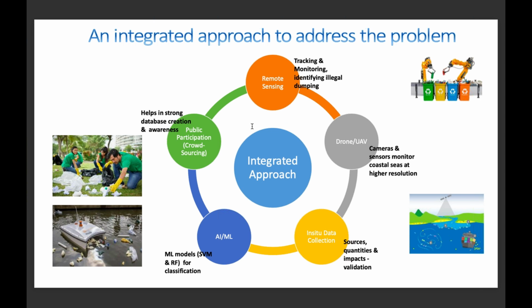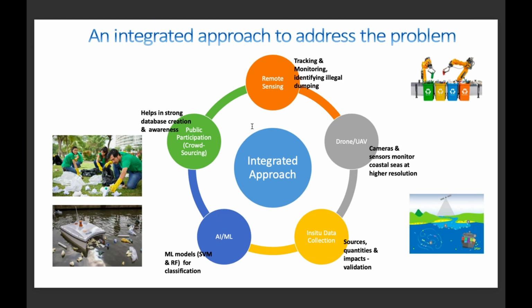And now comes the AI/ML. We all know how powerful these tools are, and AI-powered image recognition can identify different types of plastics. So that is the power of AI/ML.